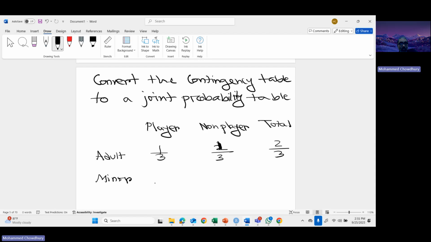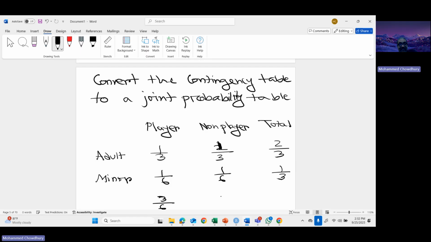Now here, what was in here? 50 over 300, which is equal to 1 over 6, right? And then how much is in here? 50, so 1 over 6. So 1 over 6 plus 1 over 3, which is 2 over 6, equals 3 over 6.